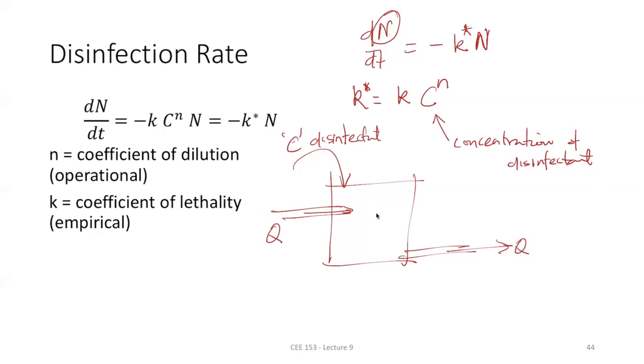So this is called the coefficient of dilution, to account for the dilution factor. You can solve either way. This is known based on the flow rate and how much disinfectant you are adding, and this is the coefficient of lethality, basically how quickly it can kill, which is empirically determined. But ultimately, you want to solve for this value.